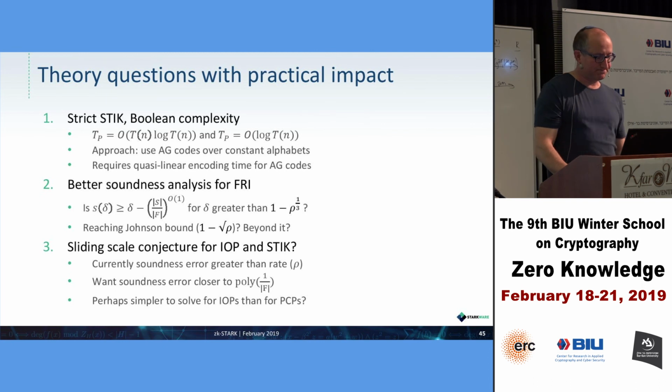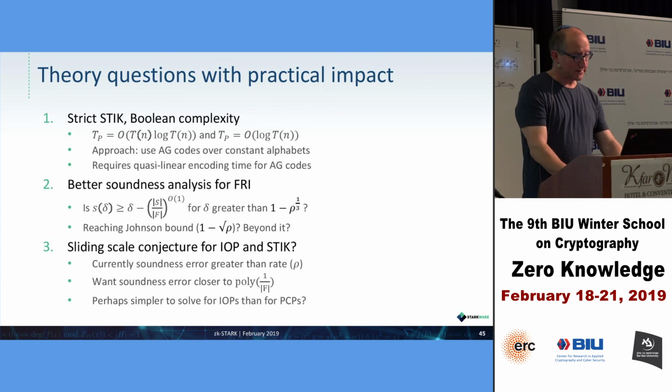But I believe that there should be protocols that give you much smaller soundness error that are polynomial in 1 over the field size. And if we find such things, this would lead to even shorter communication complexity for things like STARKs, but also for other protocols like Ligero and Aurora that use similar techniques.